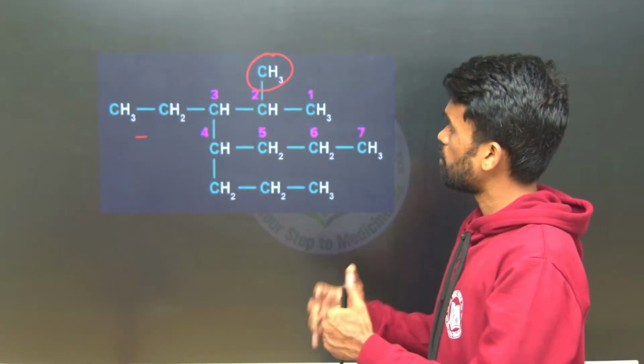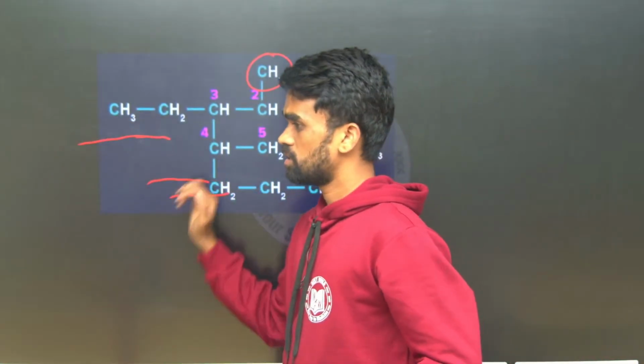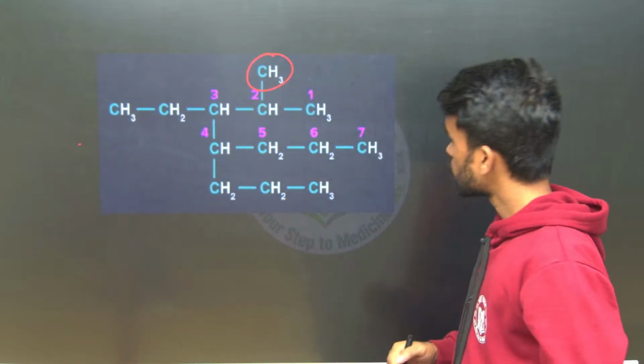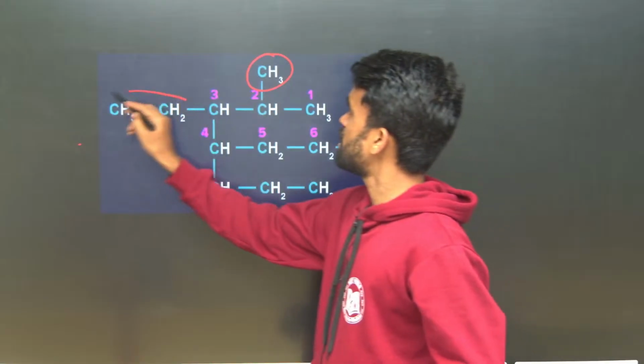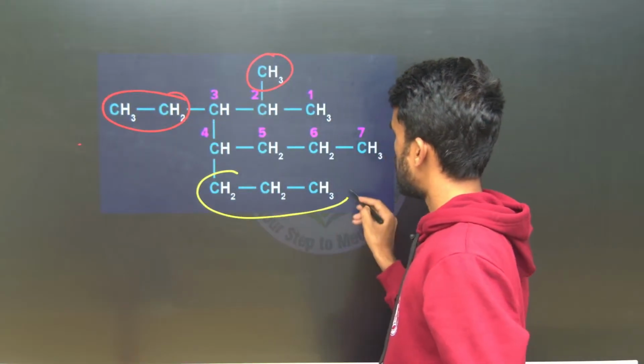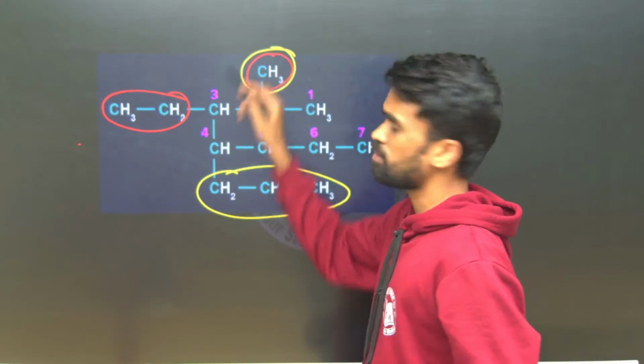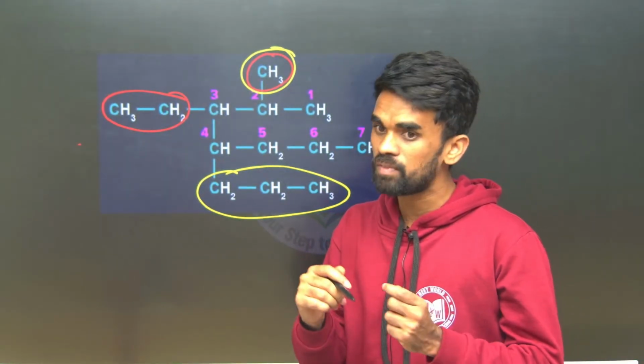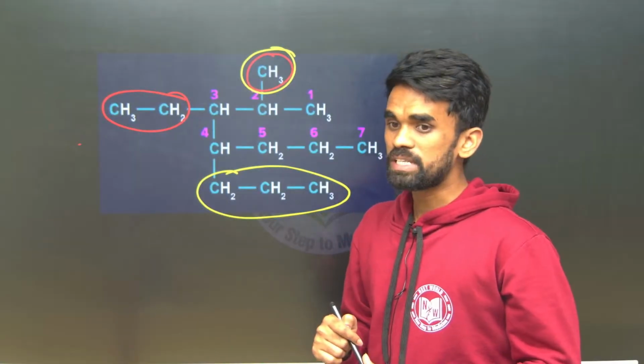Now tell me, what is the IUPAC name for this? At the third position ethyl, at the fourth position propyl, at the second position methyl. Now follow alphabetical order while writing the names of substituents. Which alphabet comes first?